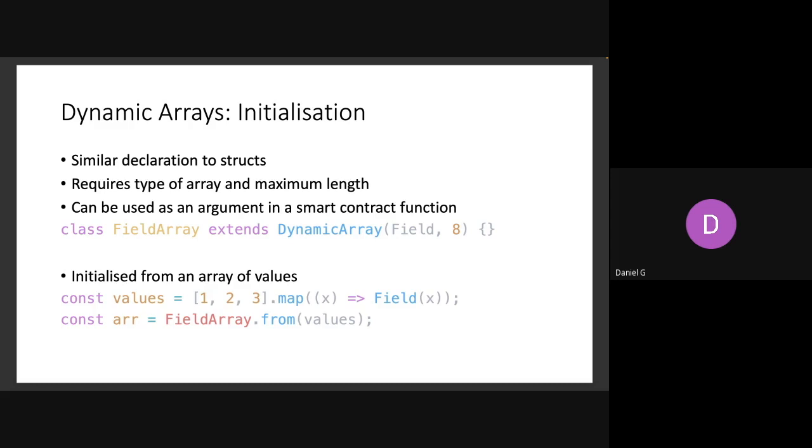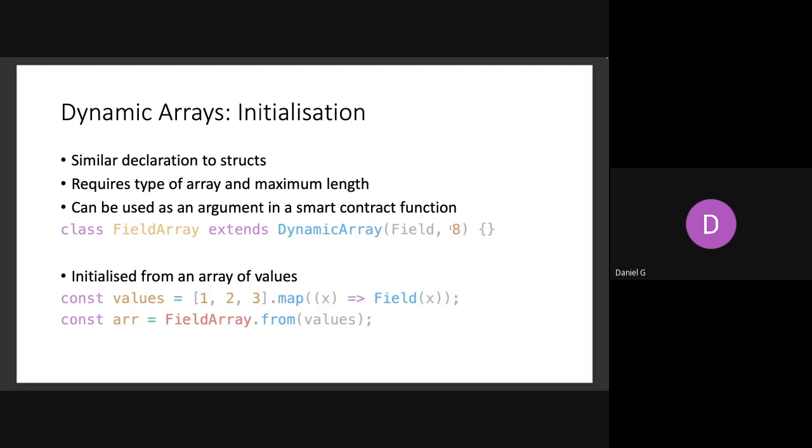The first thing you'll do is declare your custom array, similarly to how you would declare a custom struct, by providing the type, for example Field, and the maximum length of that array. The longer your array can be, the more resource intensive the proof computation will be.